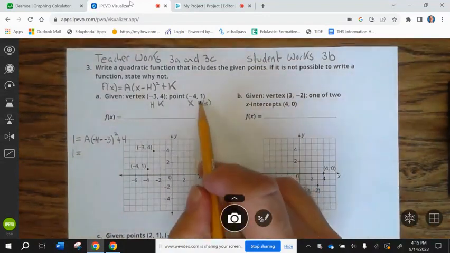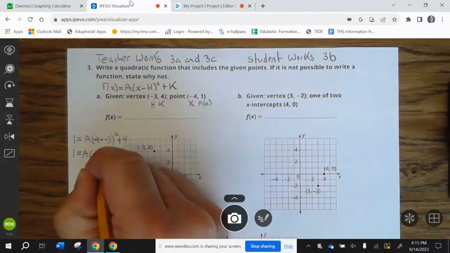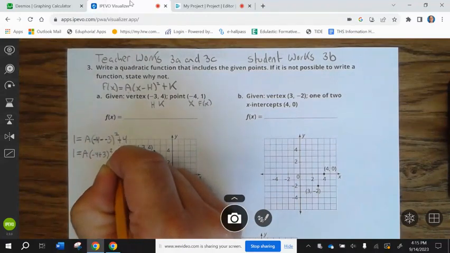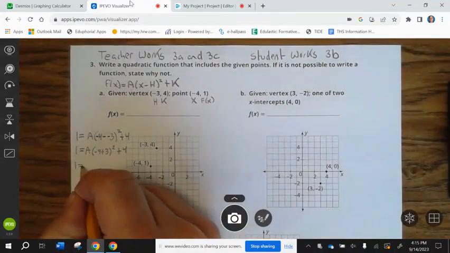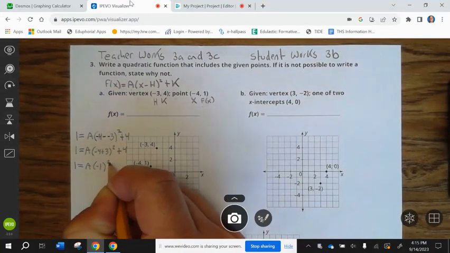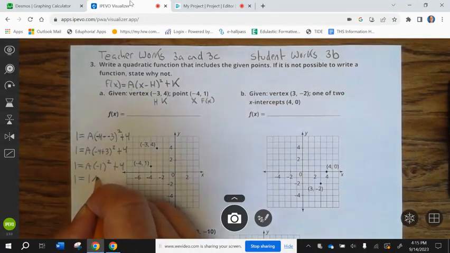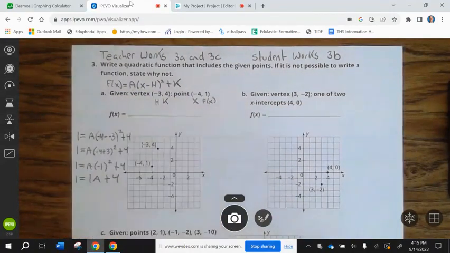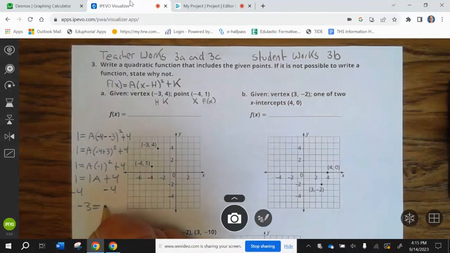Make sure you plug in all the numbers into the equation. So then that's a, parentheses -4 plus 3 squared plus 4. That's 1 equals a, parentheses -1 squared plus 4. So 1 equals 1a plus 4. Subtract 4 from both sides. -3 equals a.